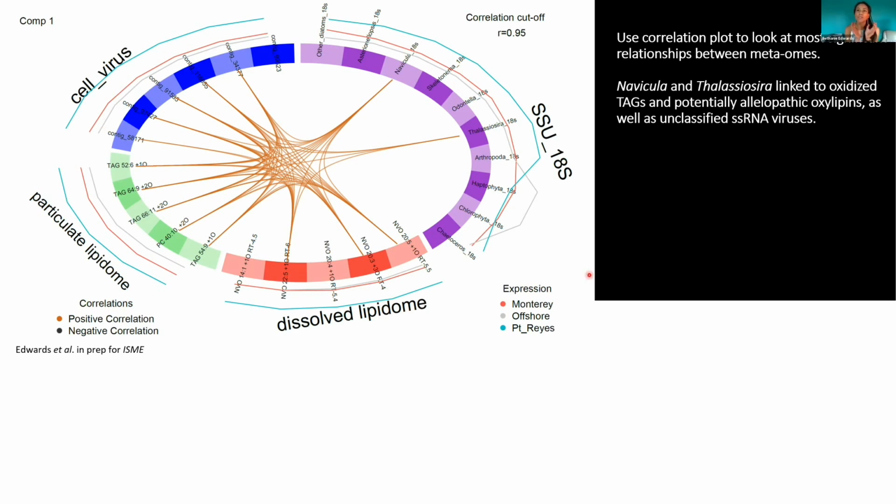We can't say for certain that it's the infection of Navicula and Thalassiosira by this unclassified single-stranded RNA virus that's leading to increased oxidation of these TAGs and release of these oxylipins into the dissolved lipidome.